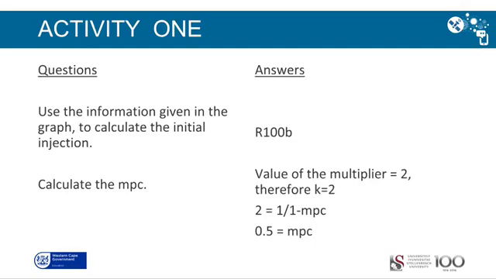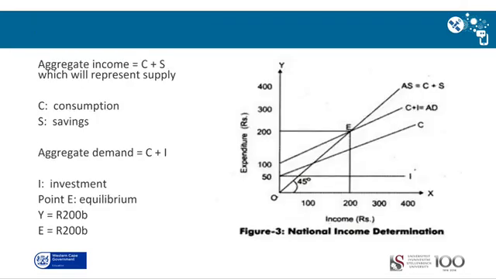Let's look at activity 1. The question says, use the information given in the graph to calculate the initial injection. And number 2 asks you to calculate the MPC. If we go back to the graph, they want you to say, what is the initial injection? What is the initial amount that has been spent within the economy?